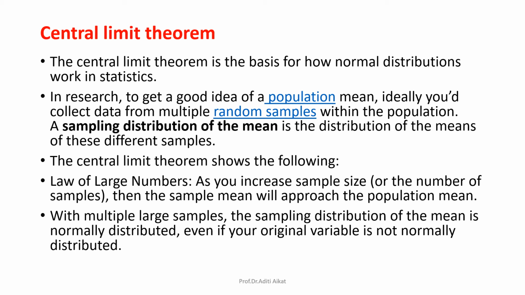The central limit theorem tells us that, by the law of large numbers, as you increase the sample size, the sample mean will approach the population mean, because then it will get closer to the real value. And with multiple large samples, the sampling distribution of the mean is normally distributed, even if your original variable is not normally distributed.